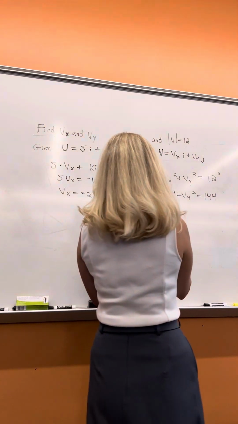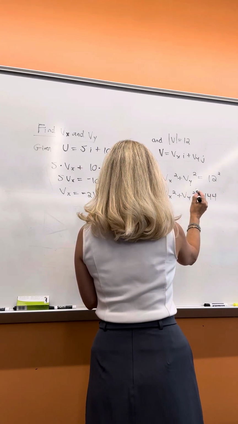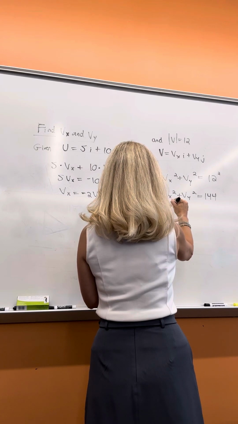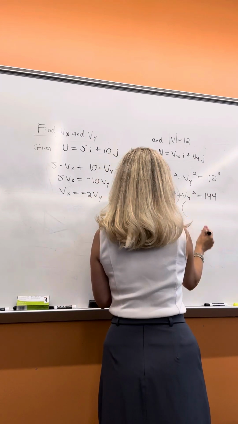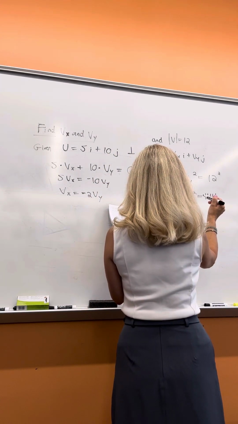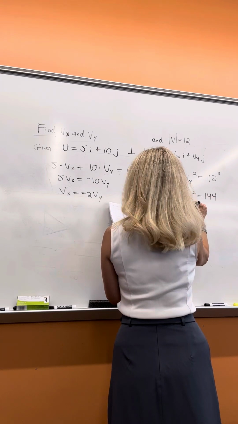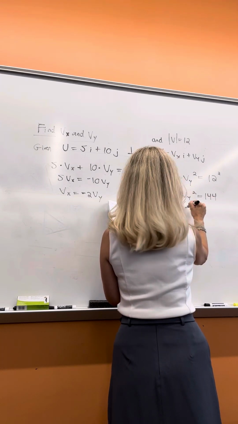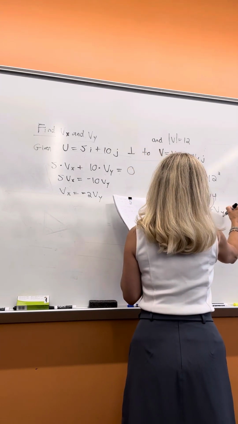So let's plug in here for Vx. So we're going to get 144 equals negative 2Vy, squared, plus Vy squared.